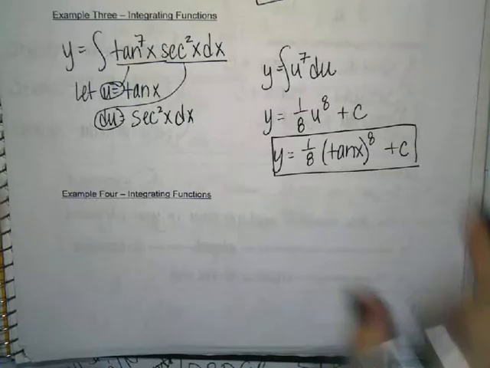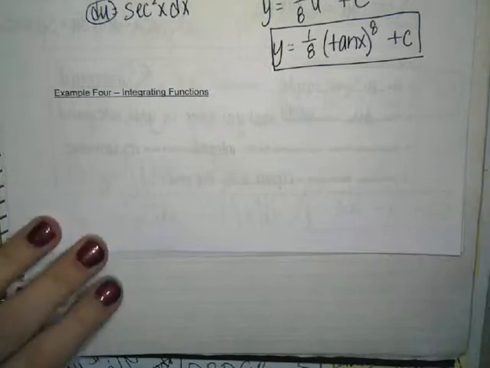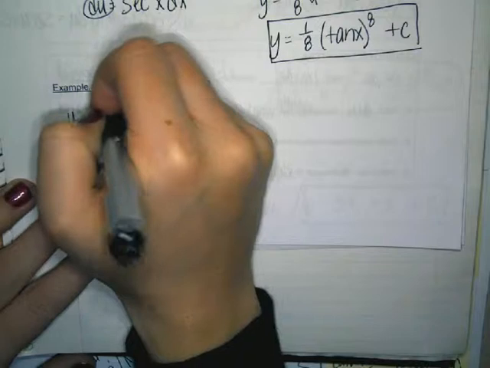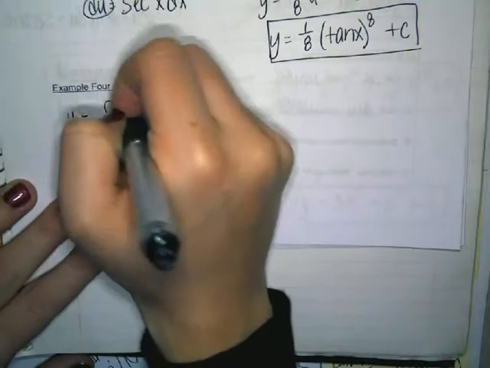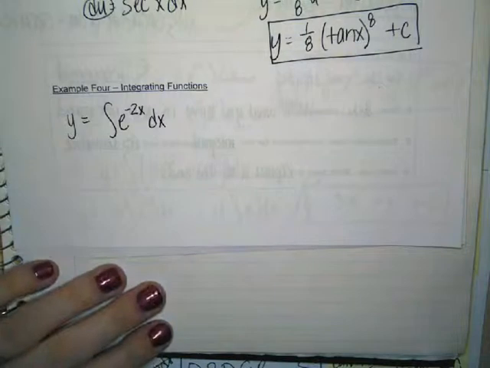So for example 4, integrating functions, let's do this function. Y equals the integral of e to the negative 2x dx. Okay? Now, again, because we have an inside function, we're going to use u substitution.